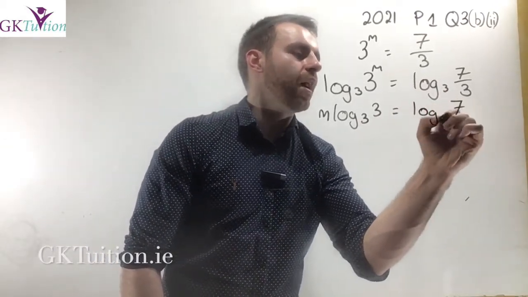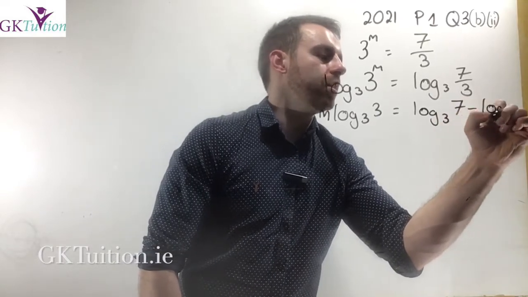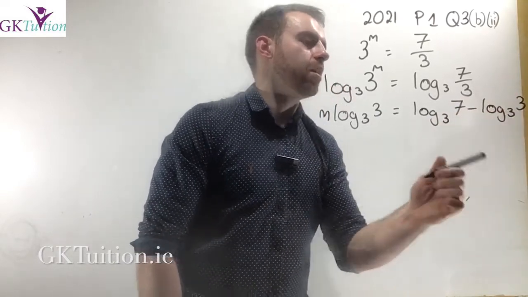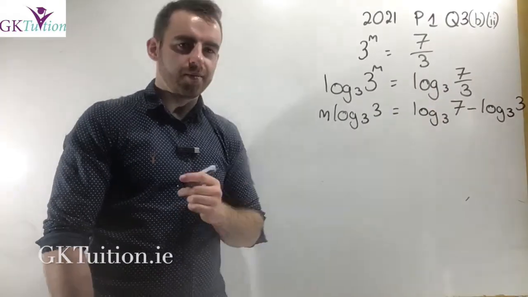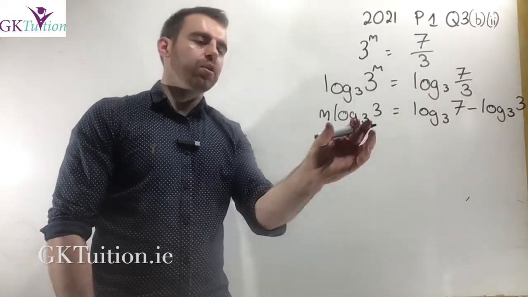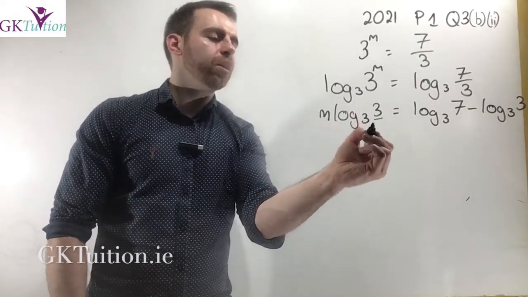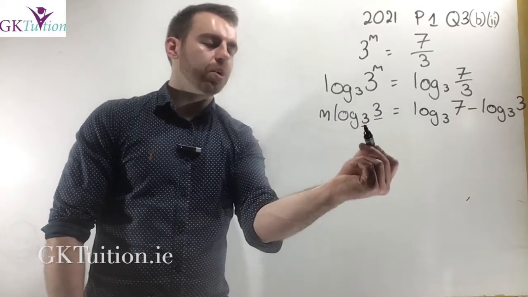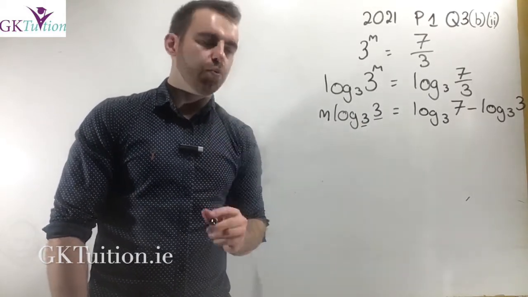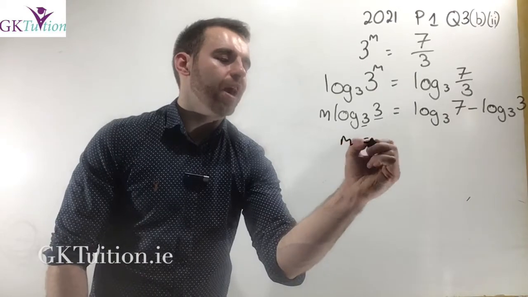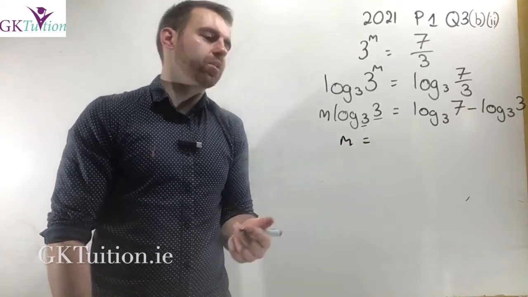It's log 7 to the base 3 minus the log of 3 to the base 3. So it's the numerator minus the denominator basically. And now you should remember that if you've log 3 to the base 3, if you have the same number here and here, it simply has a value of 1. So the left hand side is just m times 1, or in other words just m.